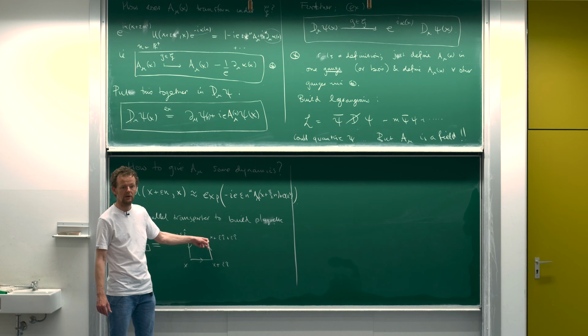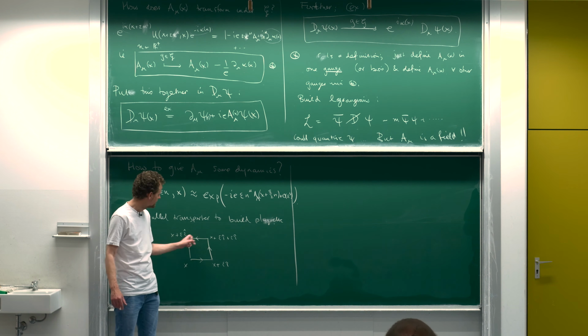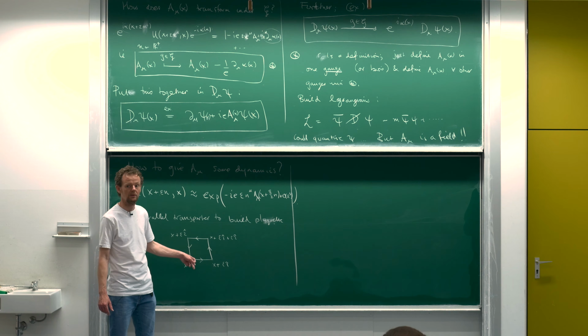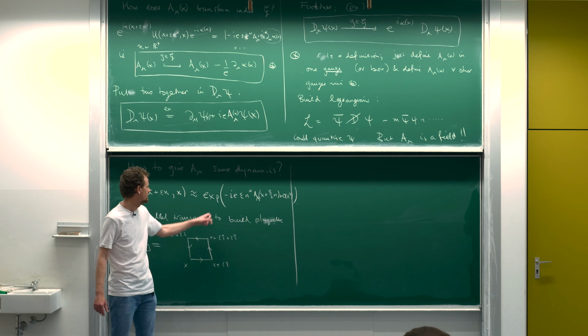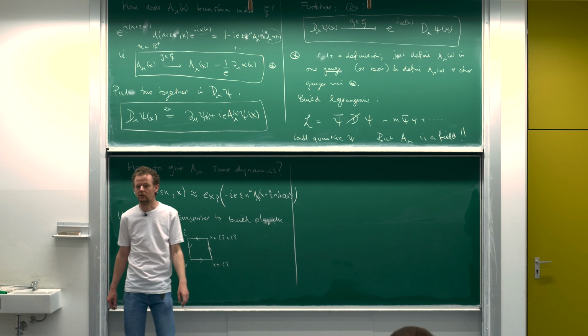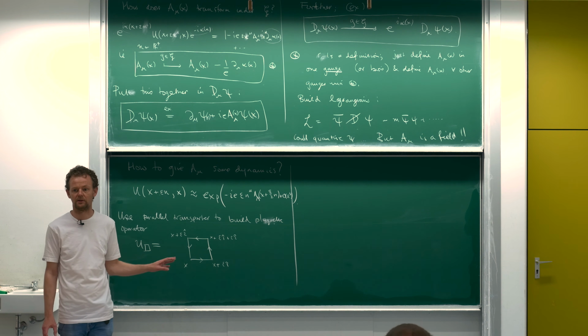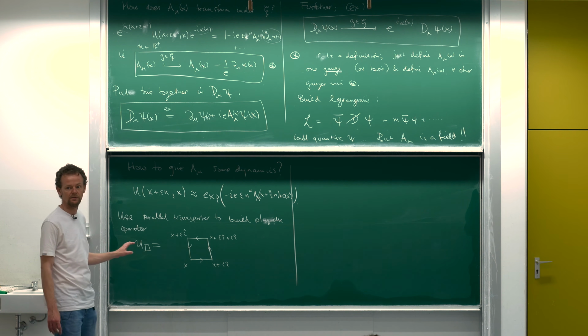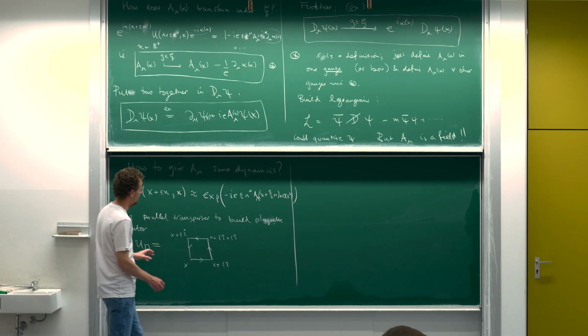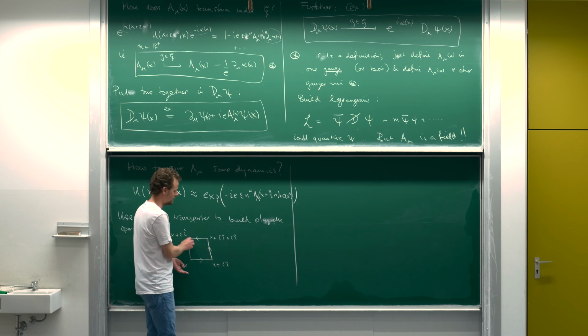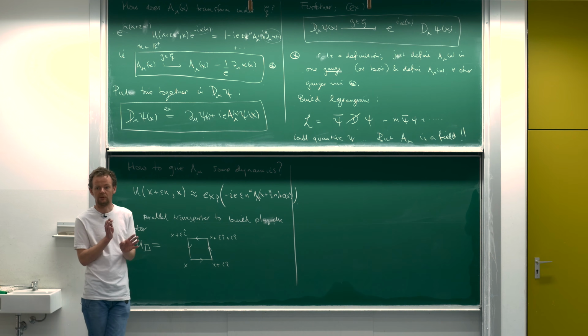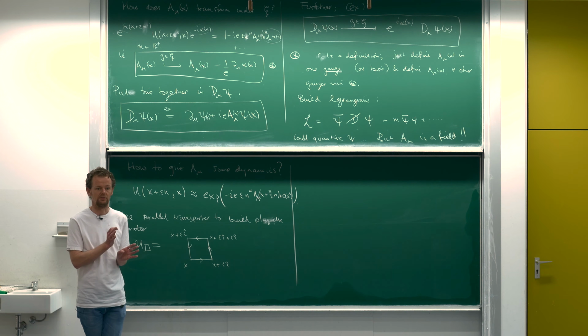In fact, it will depend on exactly what this A mu is, and it will depend on A mu in a particular way. It will depend on the curvature of A mu. This is how curvature is defined in differential geometry. It's taking round trips and seeing the difference between what happens as you go around the round trip.